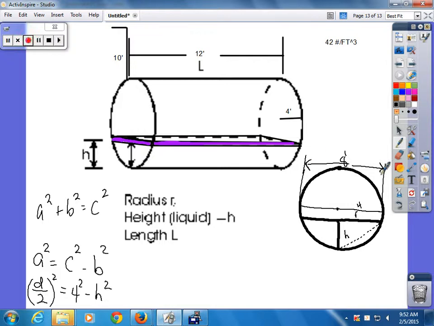So you can use that for your direct proportion, if you wanted to. In other words, 4 is to 8 as R is to this distance right here. But when you plug it in, you're going to end up getting the same thing no matter what you do. And that's your relationship. Just remember, whenever you have a cylindrical tank, you're going to be using that right down there in the bottom left-hand corner.